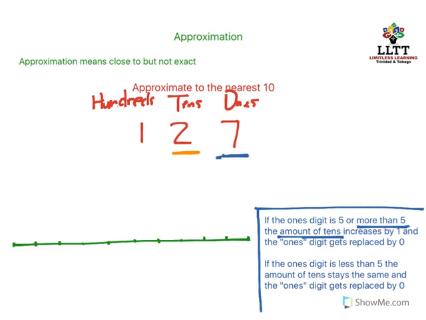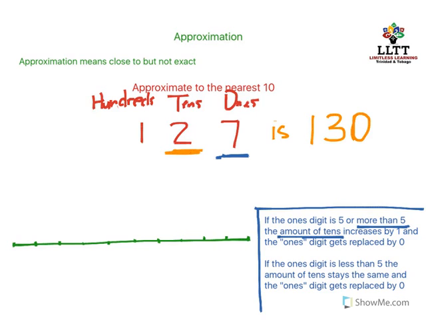We're going to put back the 1 for hundreds, and then we're looking at our tens value 2. 2 increases by 1, so 2 plus 1 becomes 3, and then our ones digit gets replaced by 0. Okay, so our hundreds isn't affected. All we're looking at is our ones value, and then we're going to see if we're going to adjust our tens values or not. So when we approximate 127 to the nearest 10, our answer is 130.